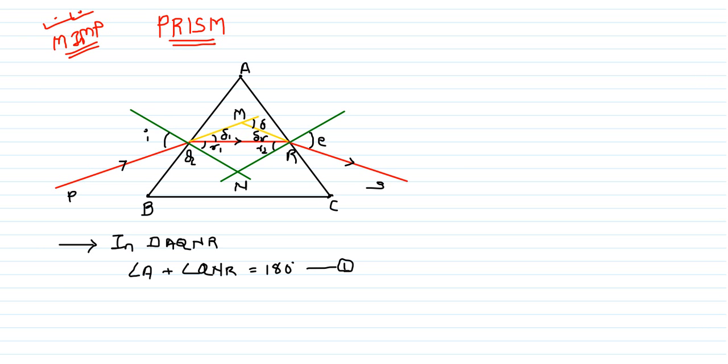Now in triangle QNR, R1 plus R2 plus angle QNR is equal to 180 degrees. You can say it is equation number 2. Now equation 1 is equal to 2.